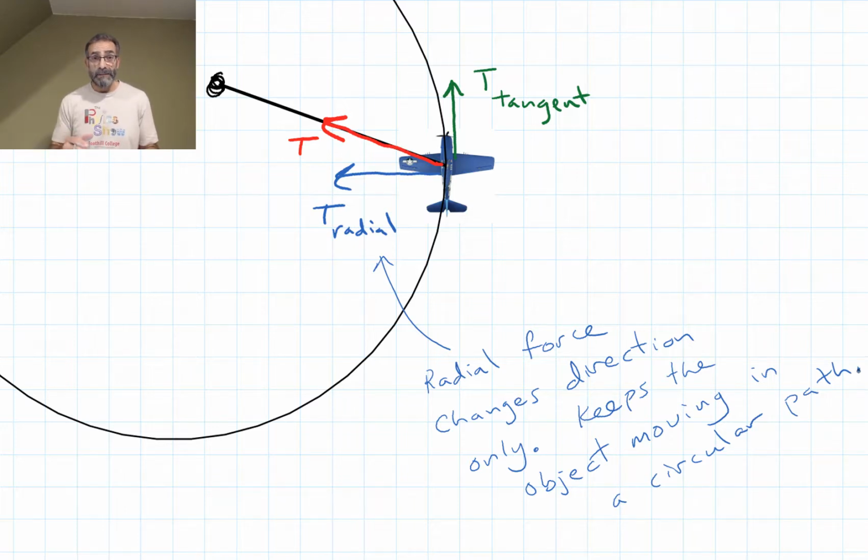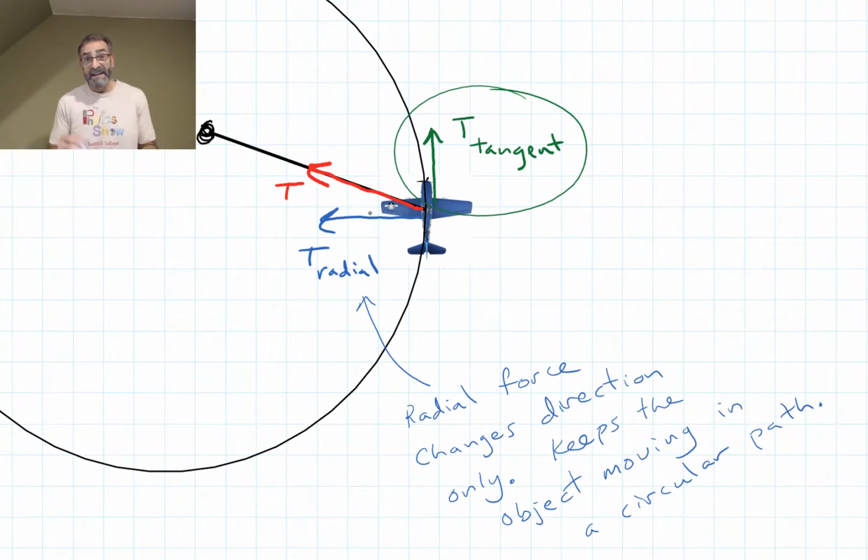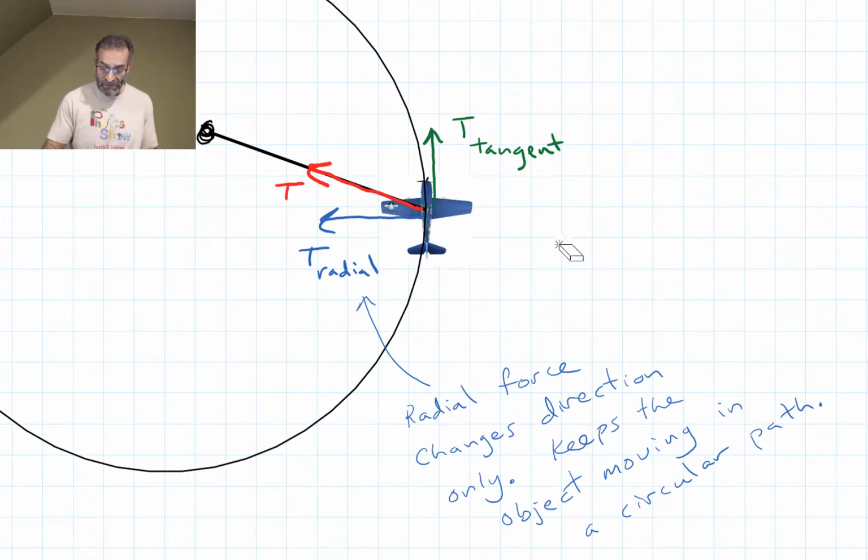The radial component of the force keeps our object moving in a circular path, but it does not change the speed. And our tangential component changes the speed of the object, but does not change its direction at all.